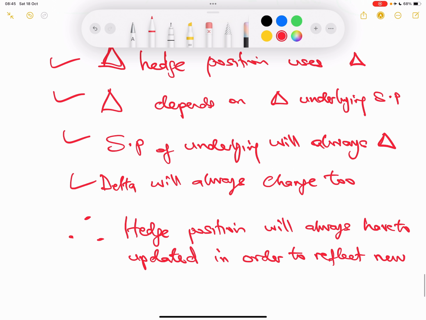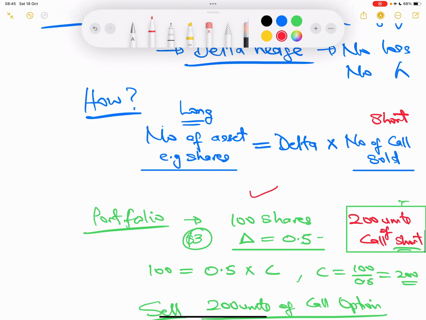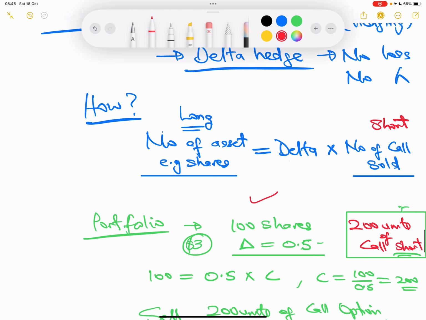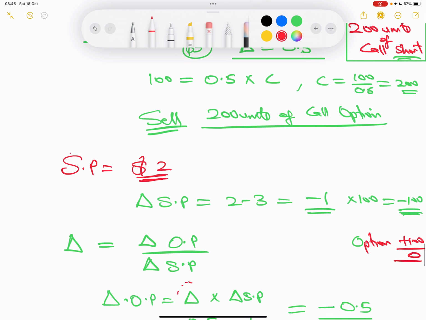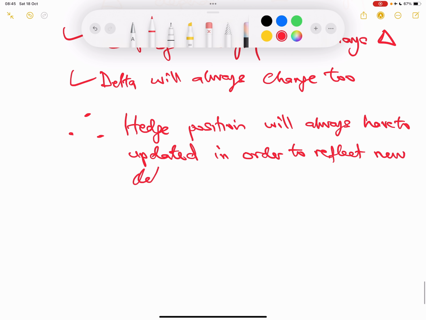Because remember, you use your delta to hedge. This is the delta that you have been using to hedge, that determines the number of shares and the number of calls. So if this figure is changing, you need to change this so that this multiplication equation is still balanced, to reflect the new delta.